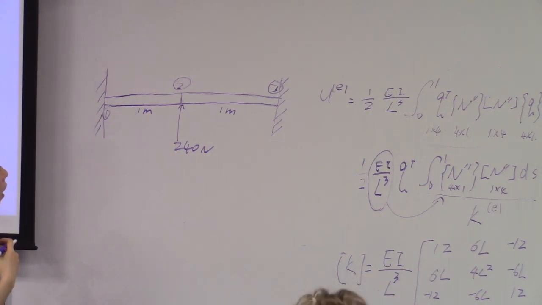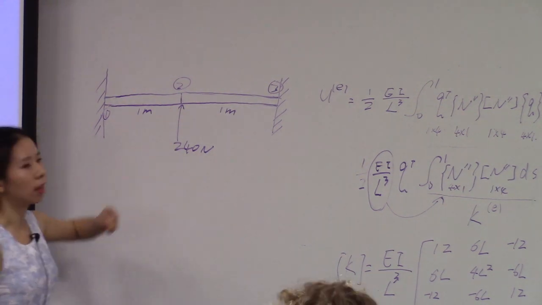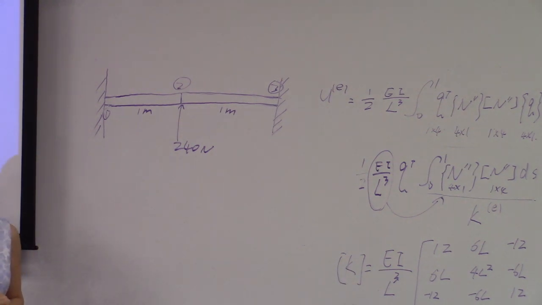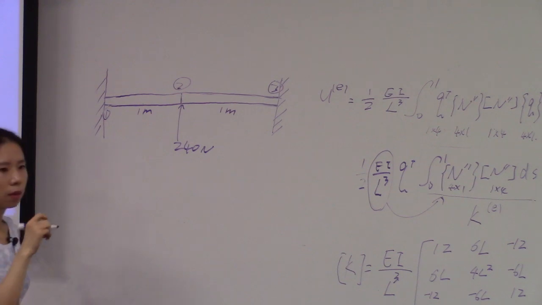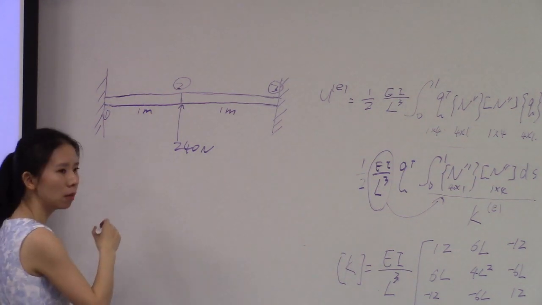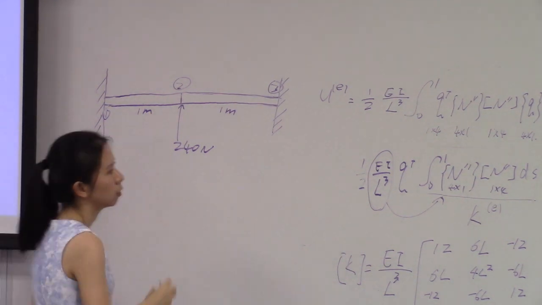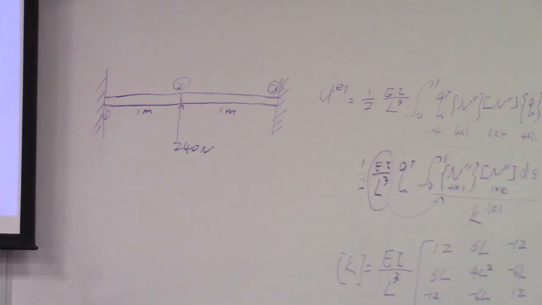Now I have 2 elements, the loading condition, the boundary condition, everything. How to calculate the deflection and rotation at node 2? Think about your truss problem. We have to use this one, right?